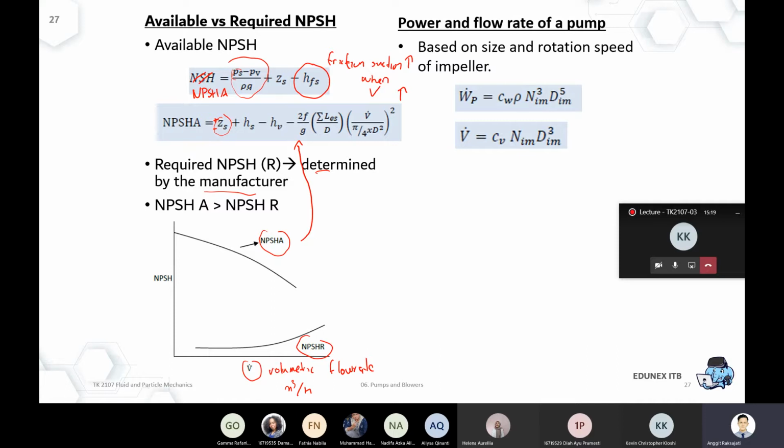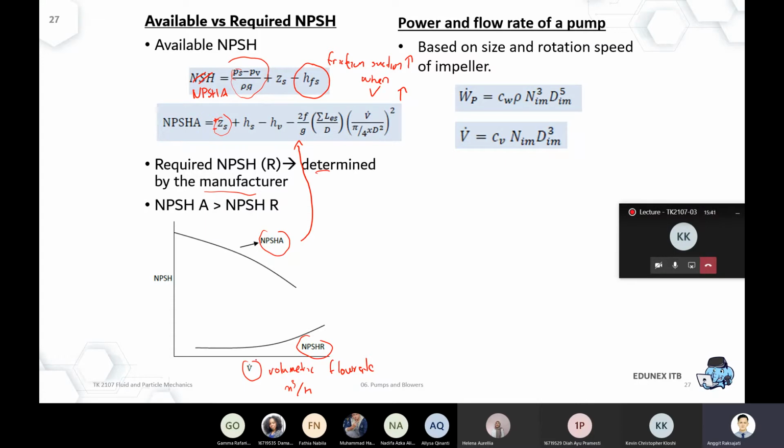Why? It's very straightforward. When the volumetric flow rate increases, the linear velocity increases. The linear velocity increases, that means the pressure drop in the pipeline increases. That means it's riskier that vapor will start to form. That's why the NPSH available will gradually decrease when the volumetric flow rate increases.